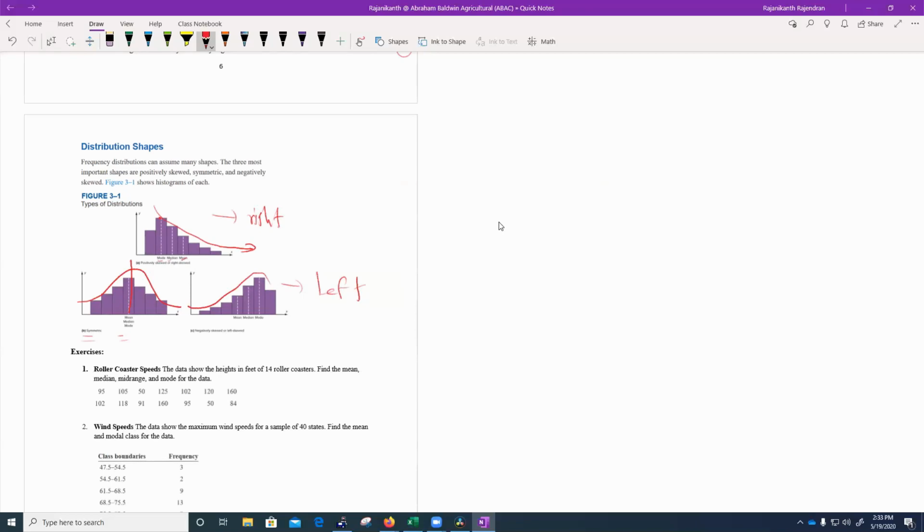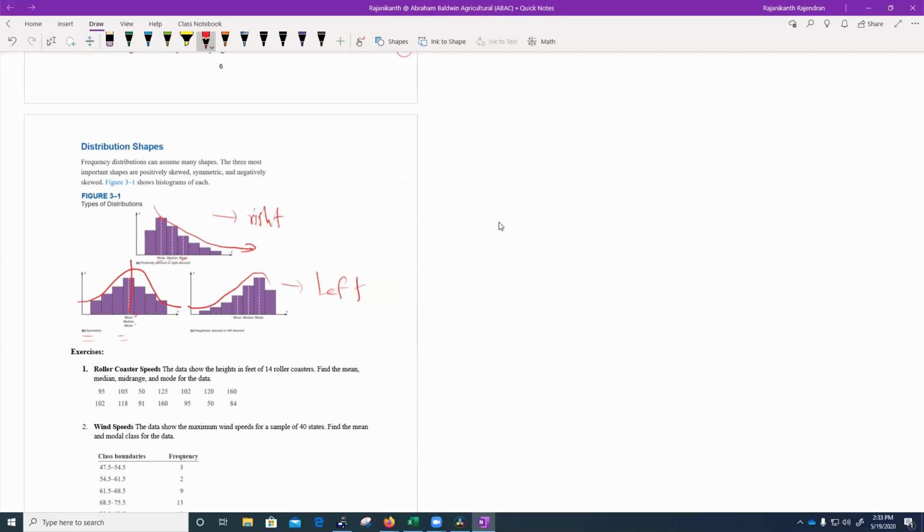Maybe equal is possible. Your average, the mean, may equal the, oh sorry, the median. Maybe. So whenever you have right skewed, that means the mode is the smallest one because that is here. Then median, then mean. Mean is the highest.